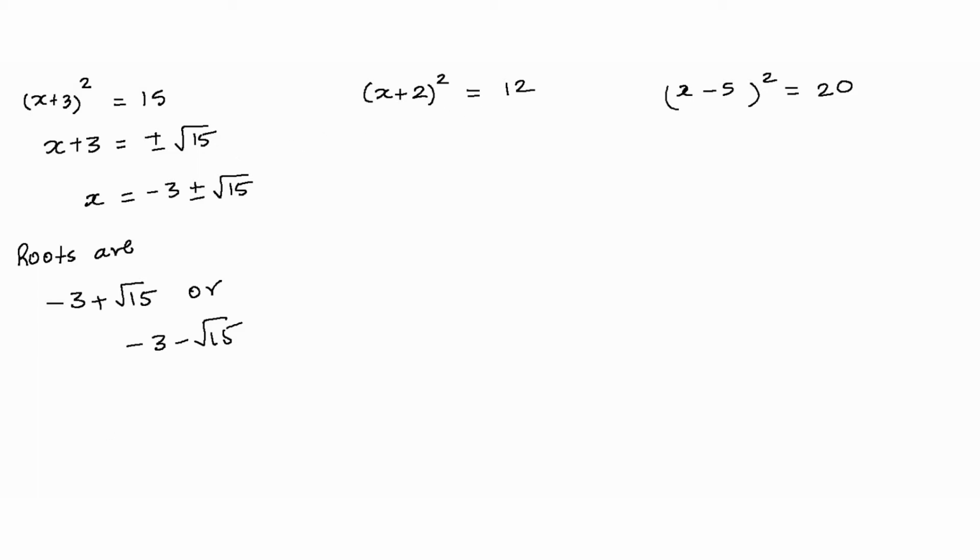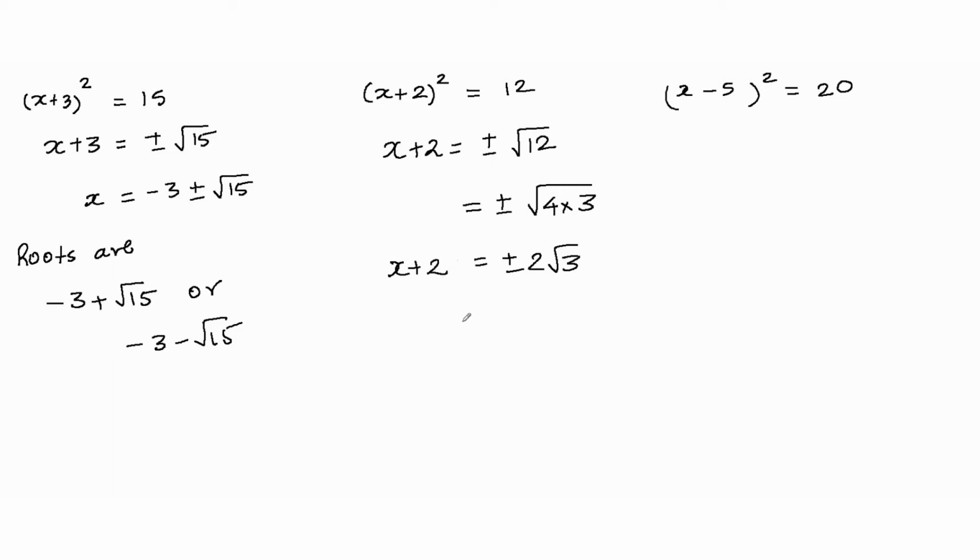In the second case, we have x plus 2 the whole square is equal to 12, which means x plus 2 is equal to plus or minus square root of 12. Now I know that according to surds, I can write plus or minus root 12 as square root of 4 into 3, which is equal to plus or minus 2 root 3.